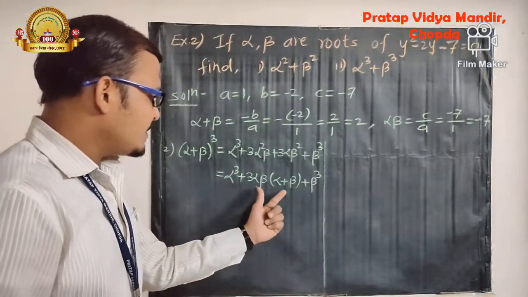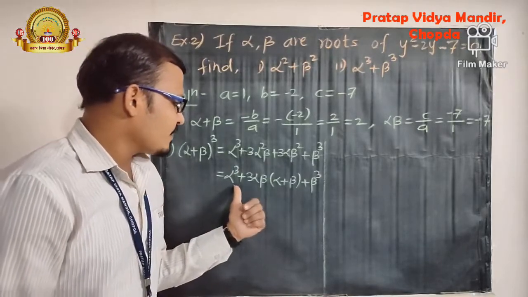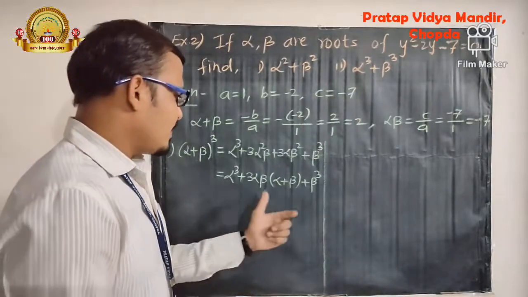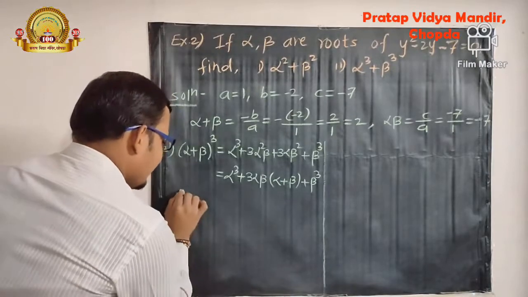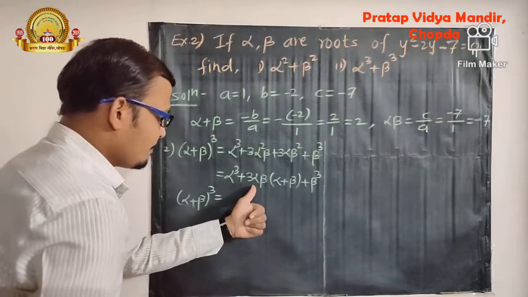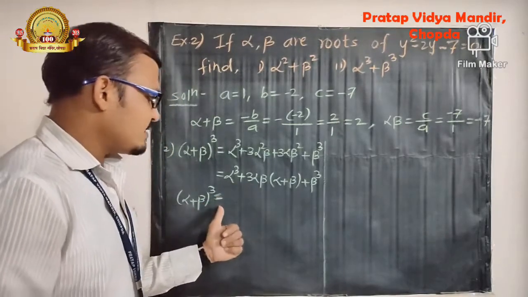Now friends, if we shift this middle term to LHS, then again we get alpha cube plus beta cube, and we can easily find the value of alpha cube plus beta cube. Now shift this middle term to LHS, so that we get alpha plus beta bracket cube is equal to, minus. Why minus sign?